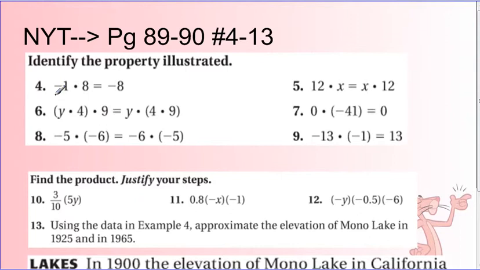Number 4, property here. Well, we're multiplying by negative 1, so this would be the multiply by negative 1 property. Number 5, let's see. From one side of the problem to the other, they are just switching the numbers around, so this is commutative property.